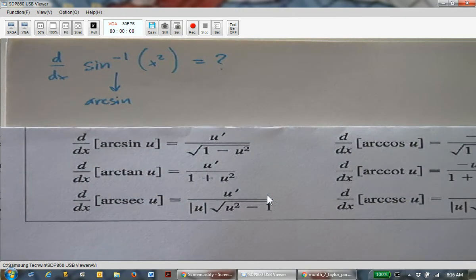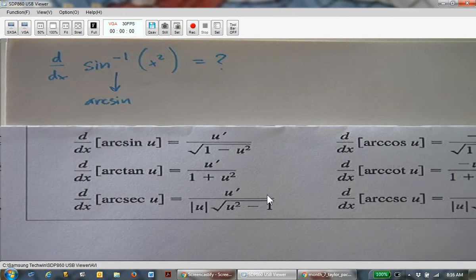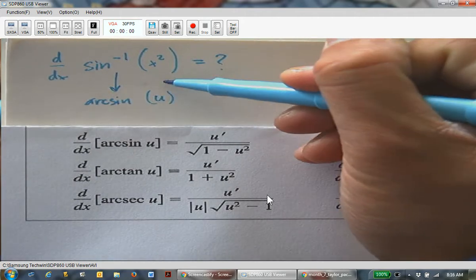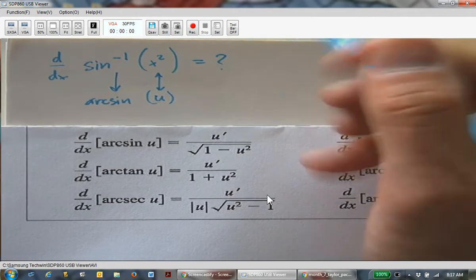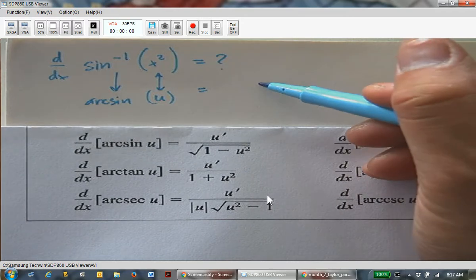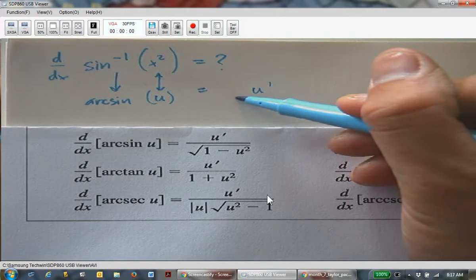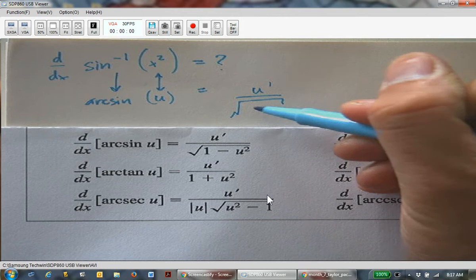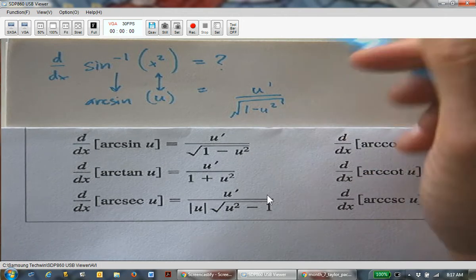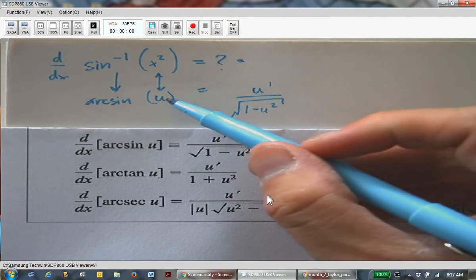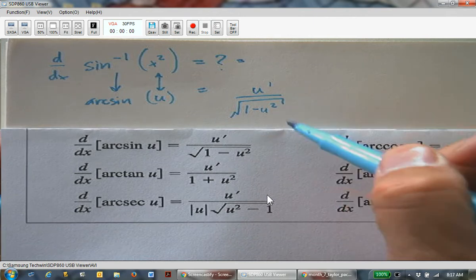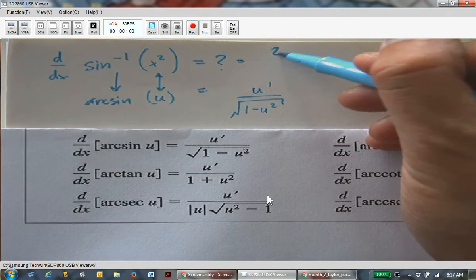And what did you define as your u? x squared. So in this case, the denominator is the square root of 1 minus u squared. If your u is x squared, what is u prime going to be? 2x. Very good.